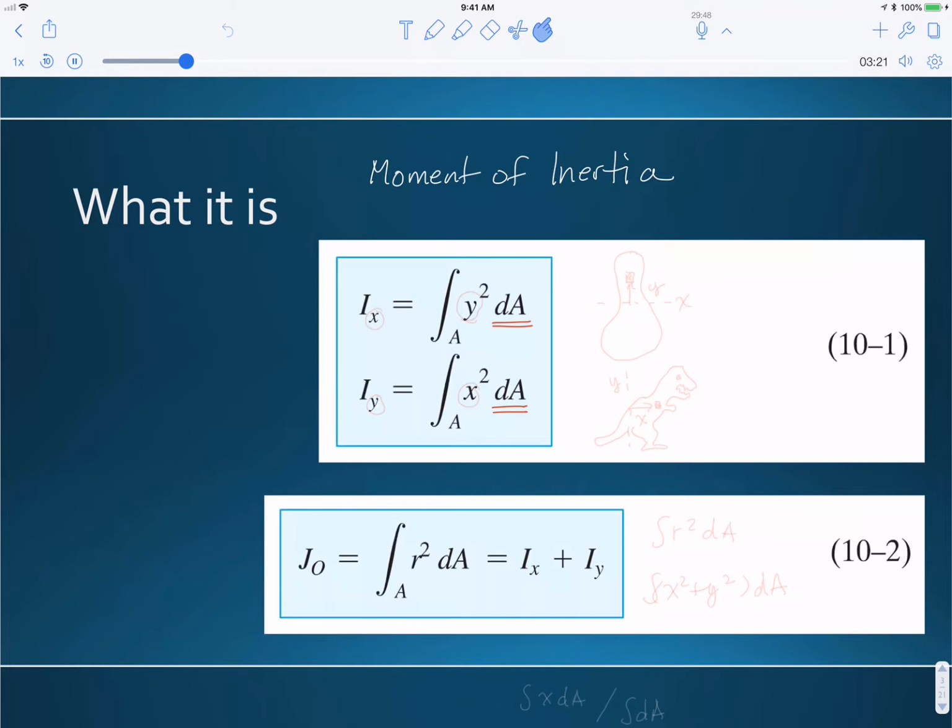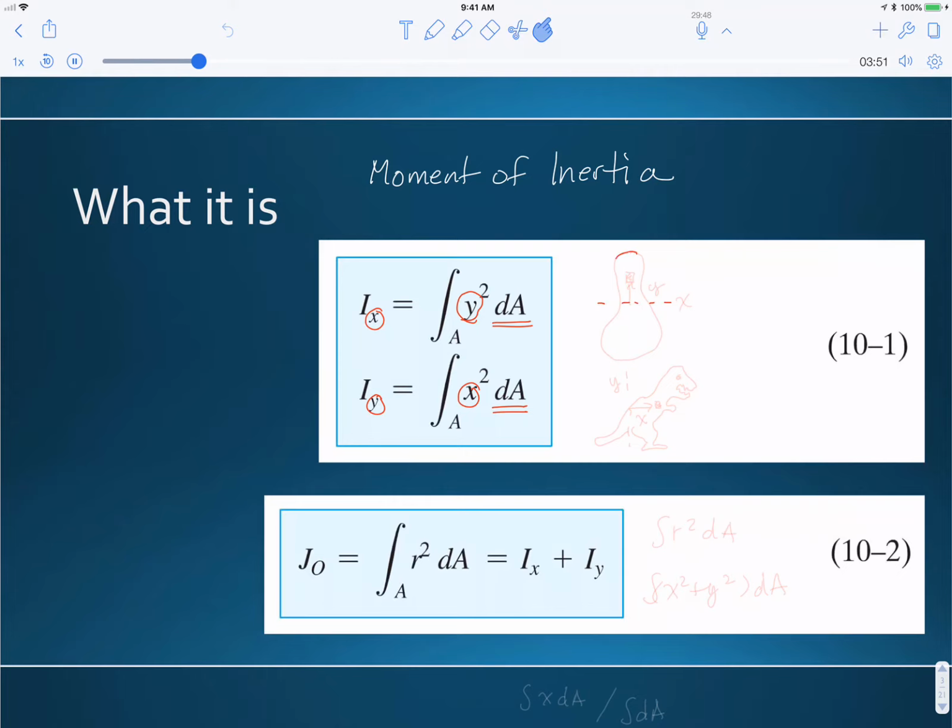So integral y squared dA and integral x squared dA. So an interesting thing I want to point out is that Ix is integral y squared dA and Iy is integral x squared dA.